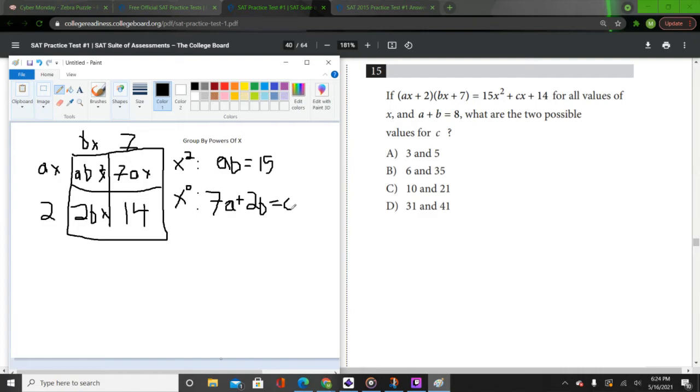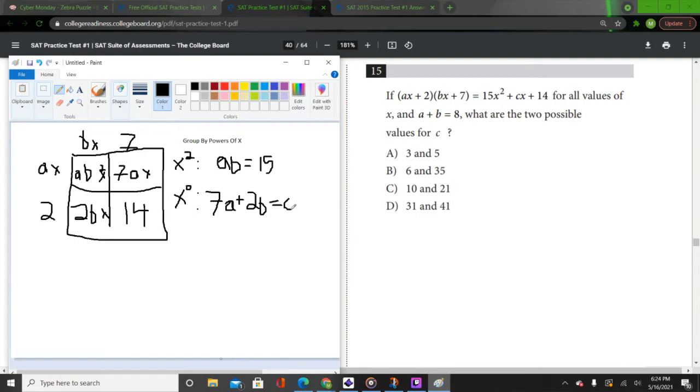Now, let me just say something right before that. Choice A is the really tricky answer because it's not correct. Choice A is, in fact, incorrect, and we'll prove it in a second. However, what you're probably going to end up getting is a is 3 and b is 5, or some other alteration of that.